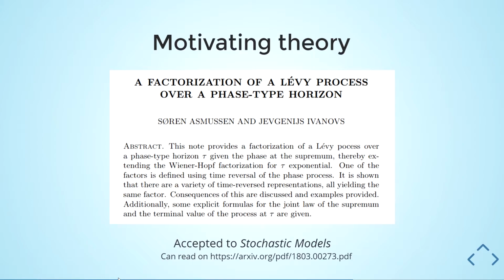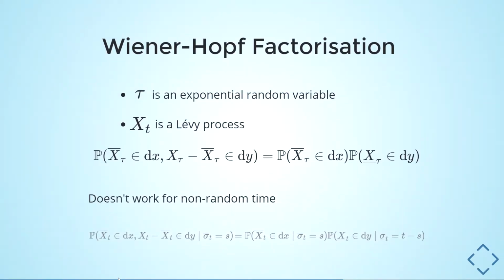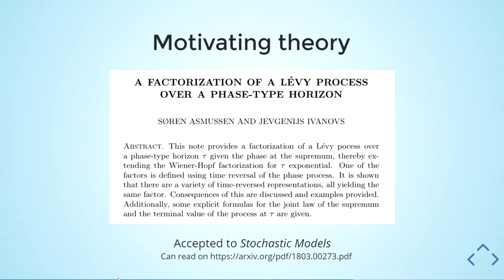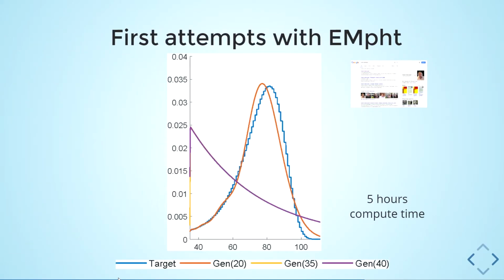And they generalized this very old result, in that instead of just an exponential time, they said if you look at tau being a phase type distributed time, you can come up with a similar kind of result, looking at a Lévy process and its running maximum over this time. So basically they had the theory and they wanted some application for it. That's why I was brought in.